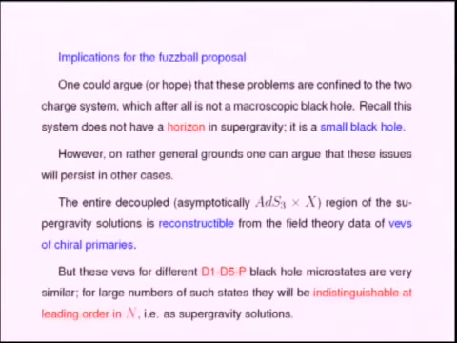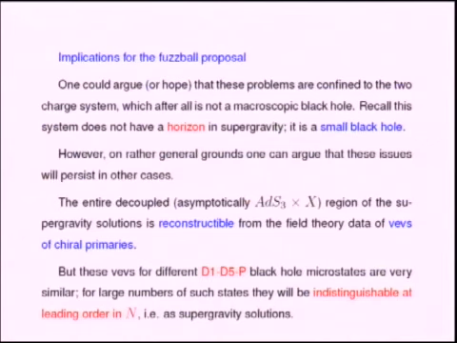However, the point is you can argue on rather general grounds that these issues are going to persist even in cases like, say, 3-charged, 4-charged black holes which do have horizons in supergravity. We made the argument a lot more precise in some of our papers, but I can give you the gist of it very easily.